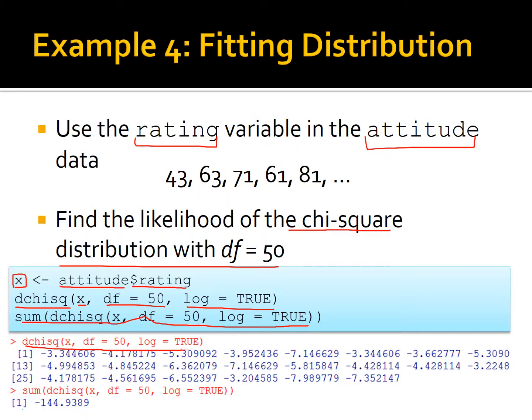The chi-square gives you the likelihood of each data point, and I sum it to get the likelihood of the overall variable.